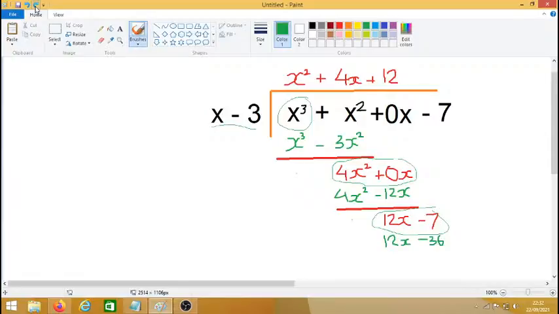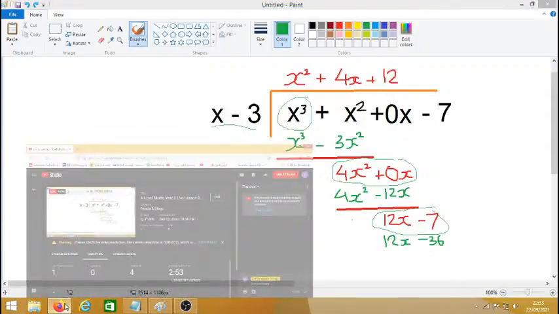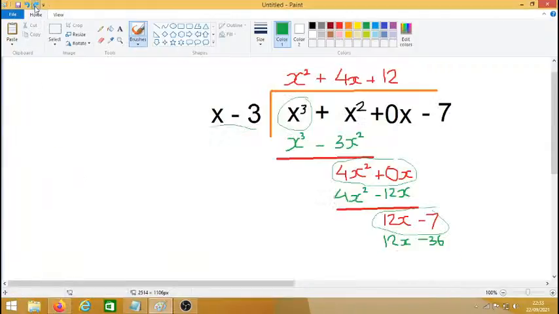Okay, what did I do next? The layout should help you, one underneath the other. It's to do the subtraction. So you end up with figuring out what you've got left over. Here, the 12x take away 12x is nothing. Minus 7 minus minus 36 is 29.